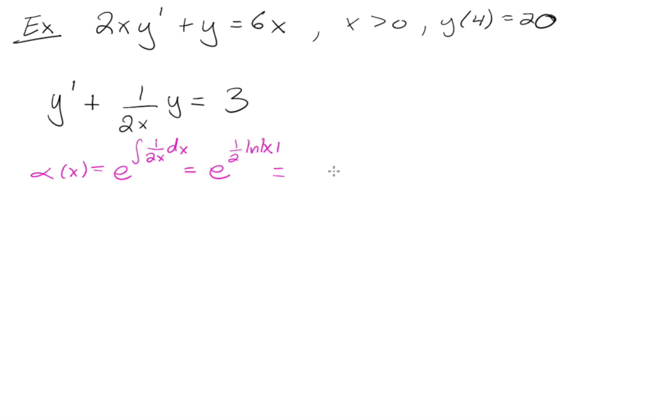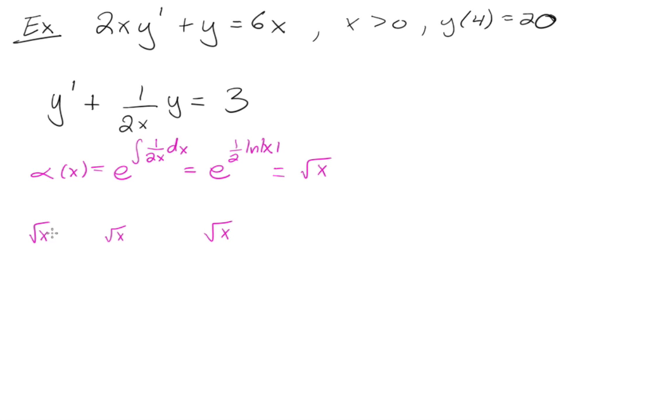Which is, what does that turn out to be? Square root of x. All right, so then I multiply through, right, by square root of x.